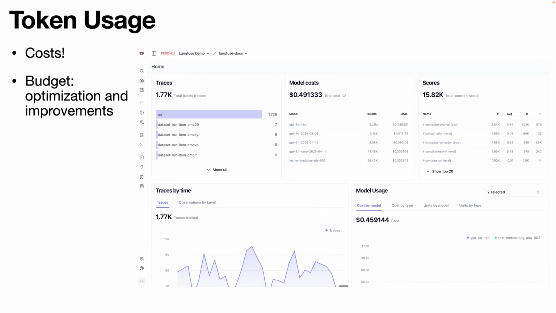This also allows you to do optimizations and improvements. For example, you can modify your prompts for your agents, make them shorter, ask agents to provide shorter answers. This way, you can optimize your costs. And this is also a screenshot from LangFuse.